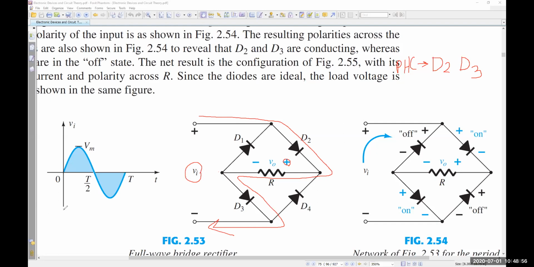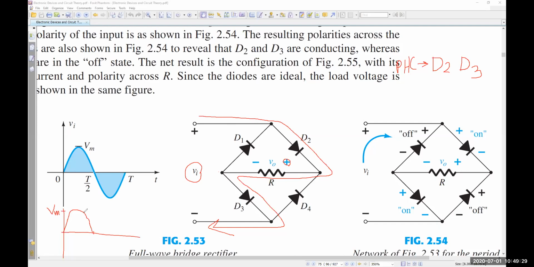So if we get the exact same value of your input, your output will be like this. This is your input, so your output will be exactly the same. Like this. So this is your VM, this is your VM. So the value will be VM, provided your diode does not take any voltage. So that is your VM. That is your input, that is your output. So for the first half cycle, that is done.